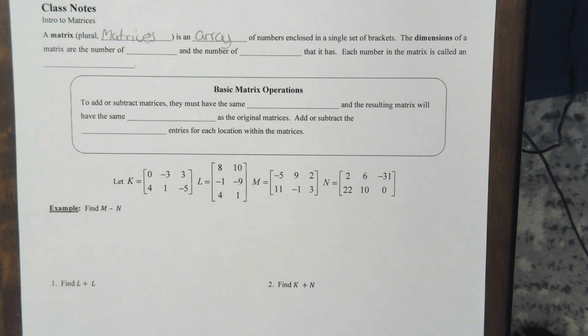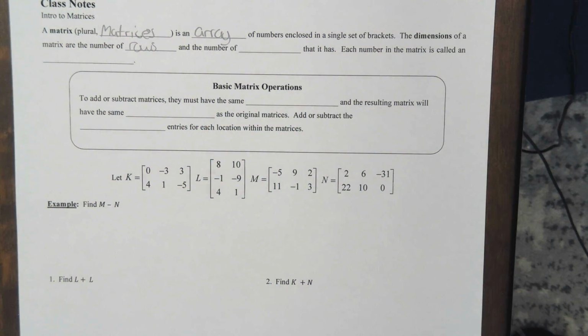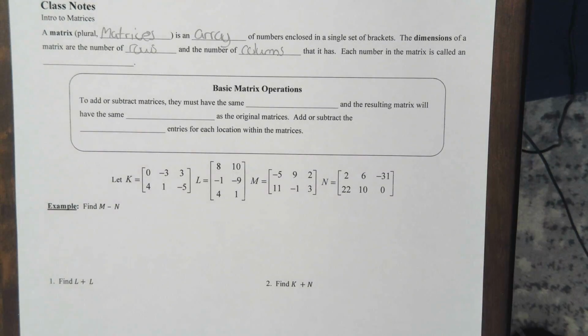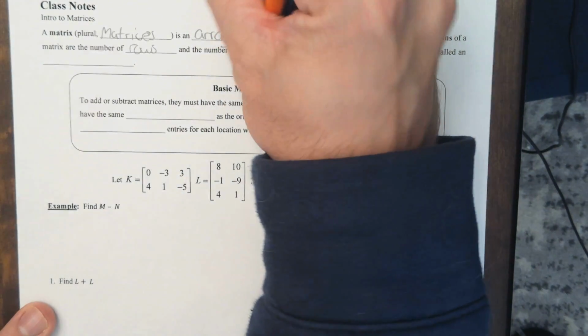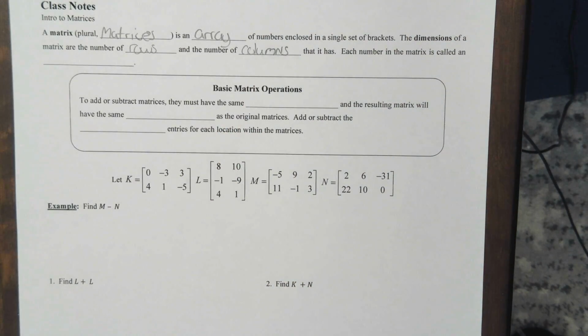The dimensions of a matrix are the number of rows and the number of columns. Sorry, that's columns, C-L-U-M-N-S. Sorry for my handwriting. That it has. Each number in the matrix is called an element.